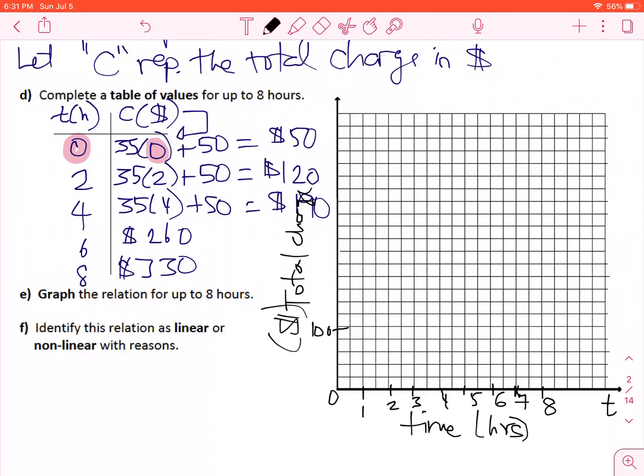So that'd be 100, 1, 2, 3, 4, 5, 200, 300, 400.